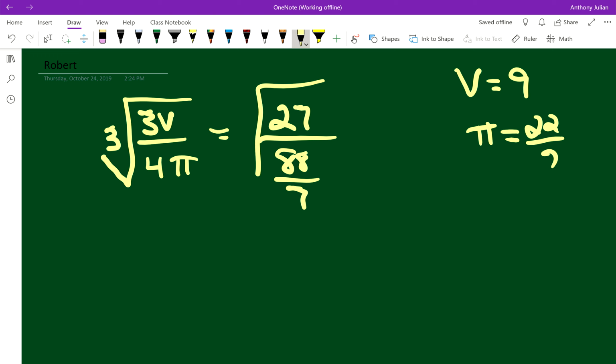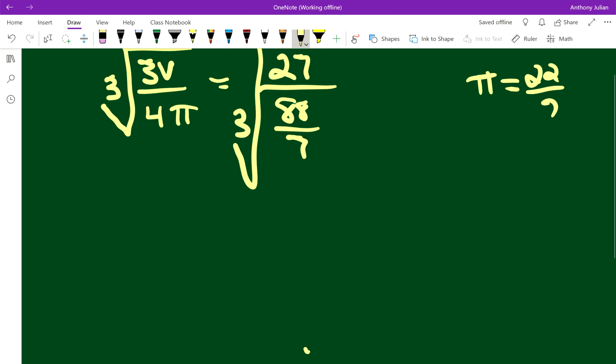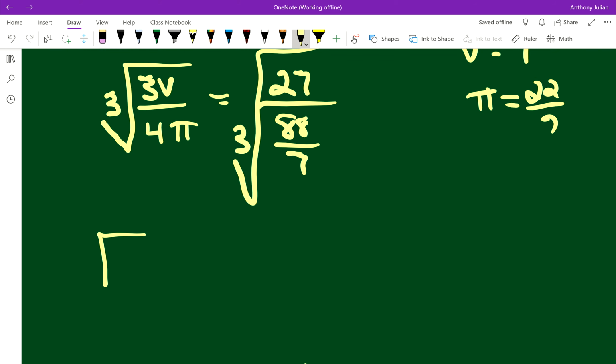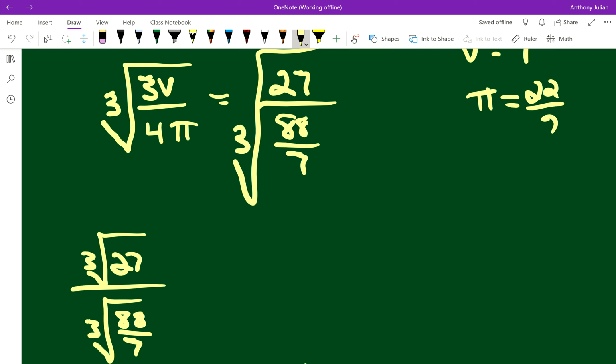All right, and we know it's the cube root of all this. So that we established in class, further ahead here, we could split this up now, and this would end up being the cube root of 27 over the cube root of 88 over 7.